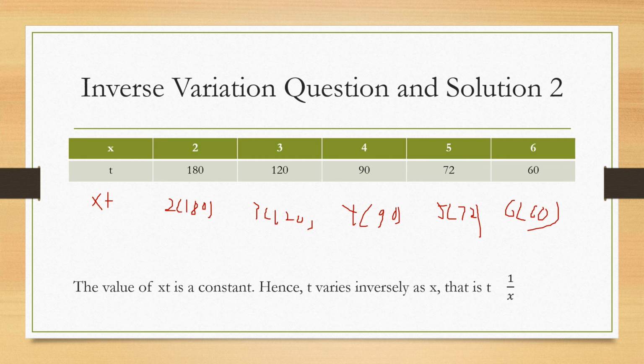Okay, so we get 360 each time. Using a calculator, when you count this, it will also be 360. So the value of xt is a constant. As t varies inversely as x, that is, t varies with 1/x.